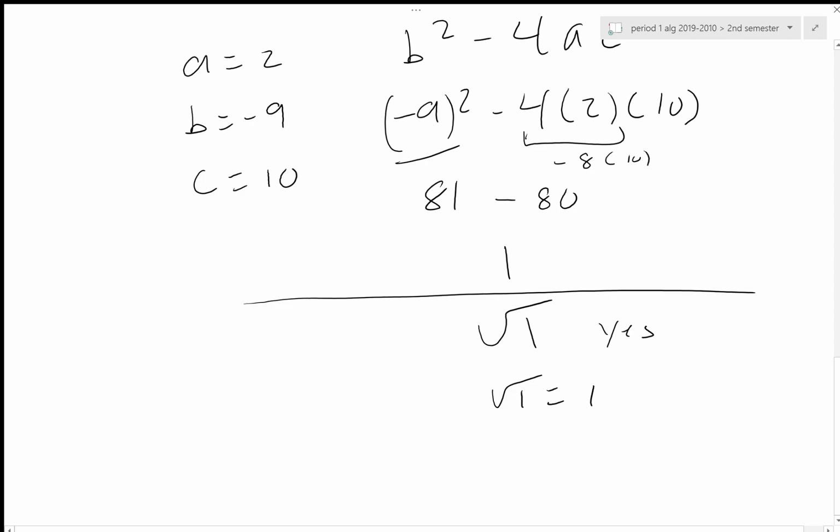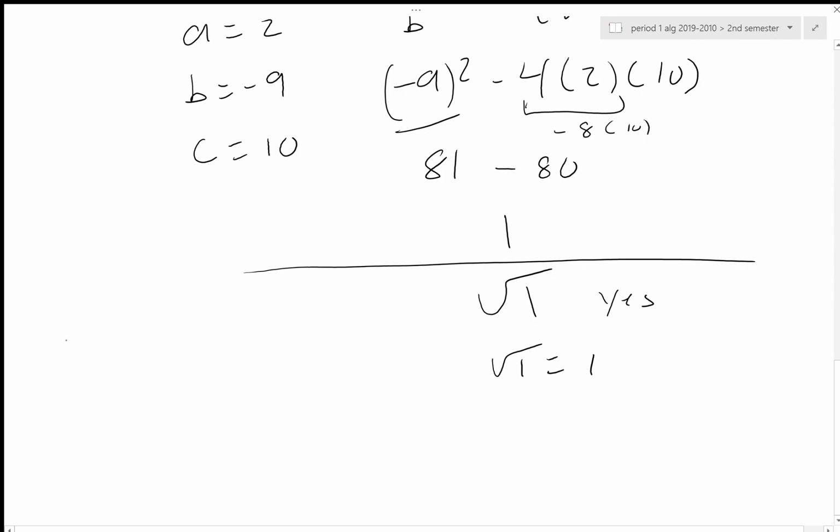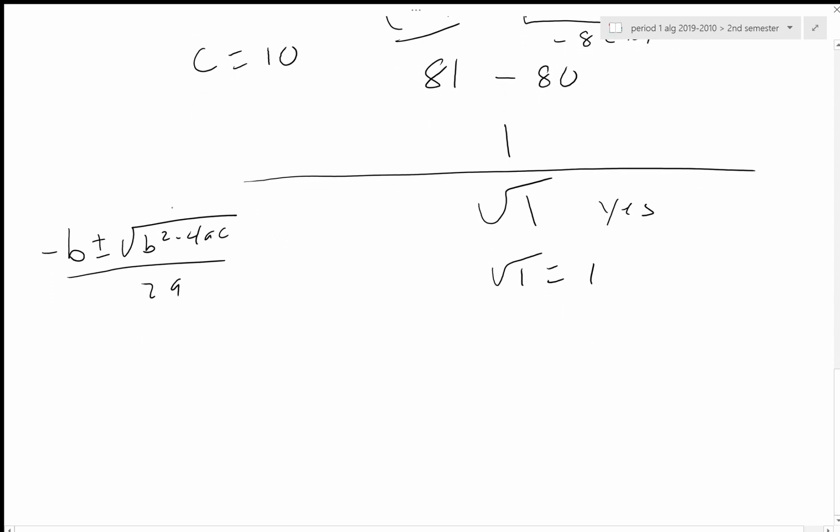So, what that means now is going back to our formula, negative b plus or minus the square root of b squared minus 4ac over 2a. So this part is going to equal 1. Now, if it was, say, square root of 9, you had 3, then that part would equal 3. Okay? So this is what you do now.